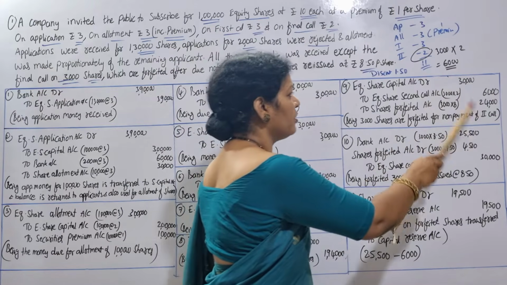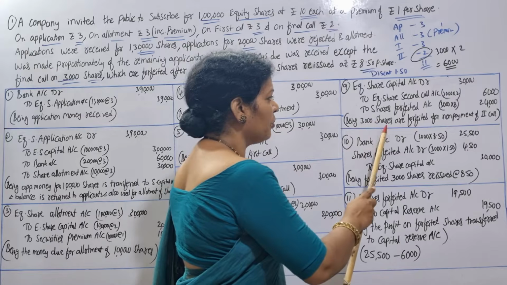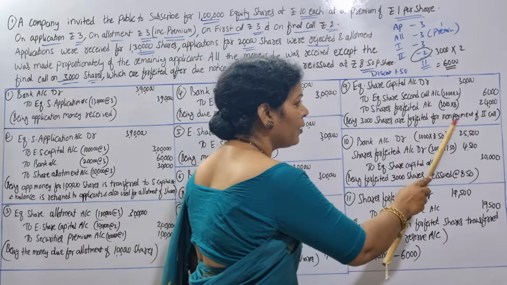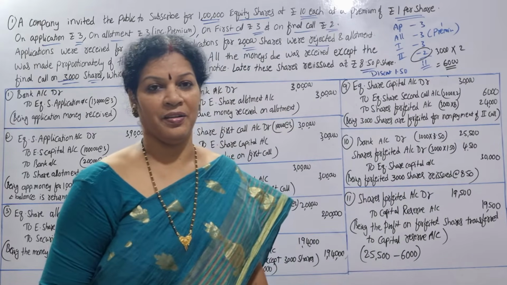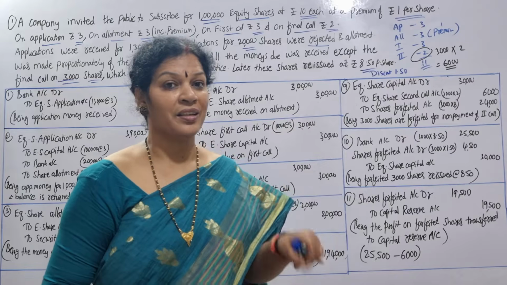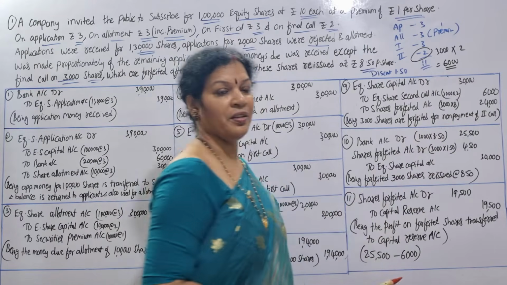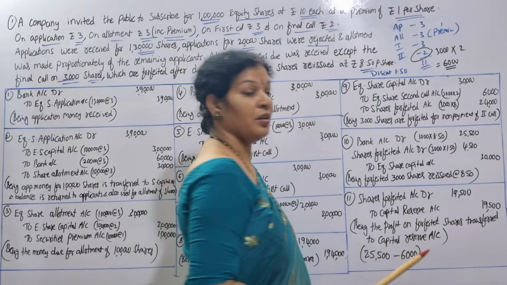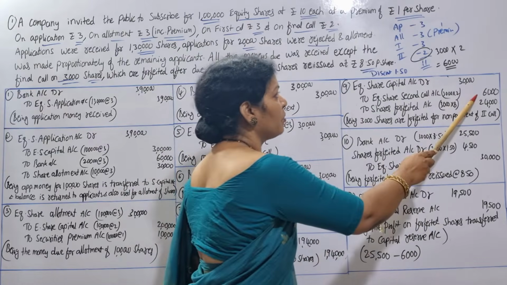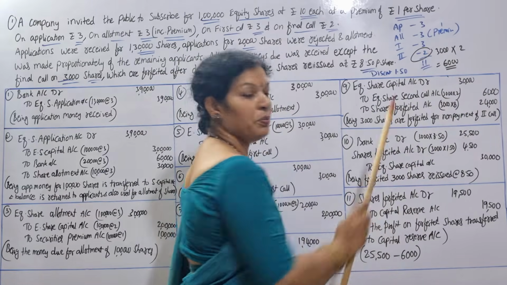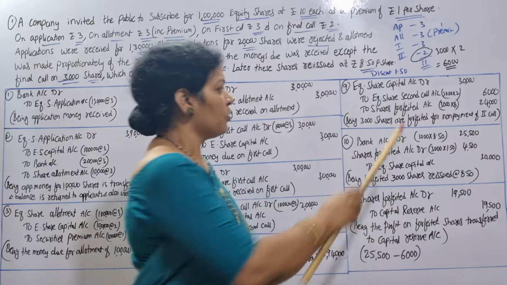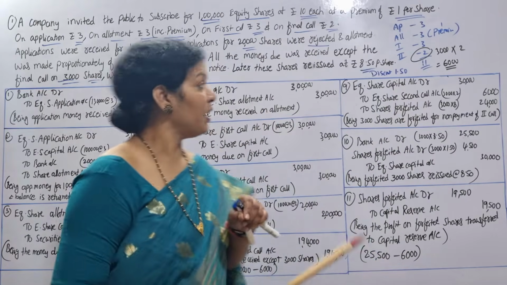So total it is this much. Being 3,000 shares forfeited for non-payment of the second call. How much? 30,000. How did we get 30,000? 6,000 they have already paid and 24,000 is due. So together. Now after that, what have they done?